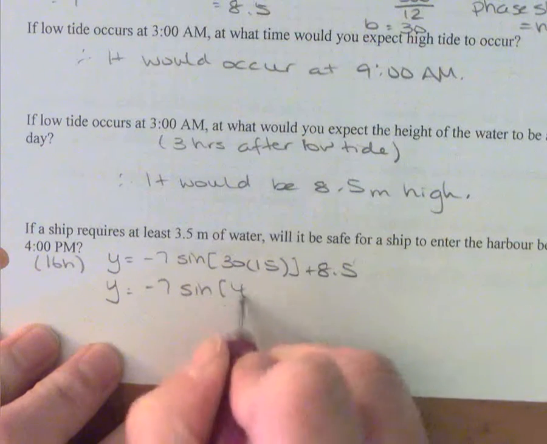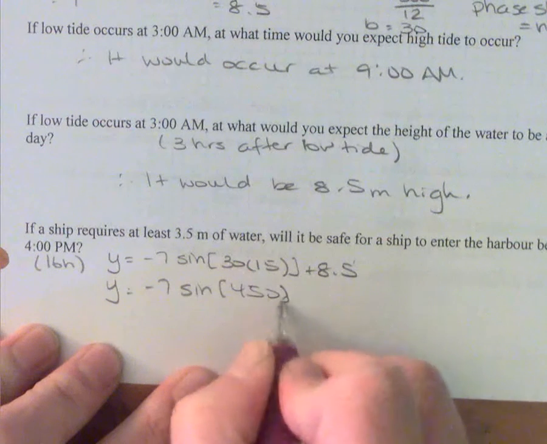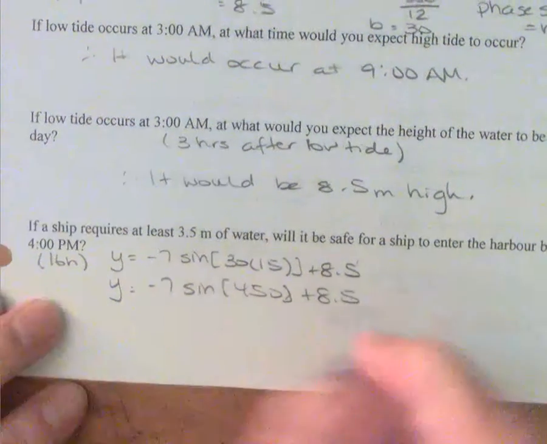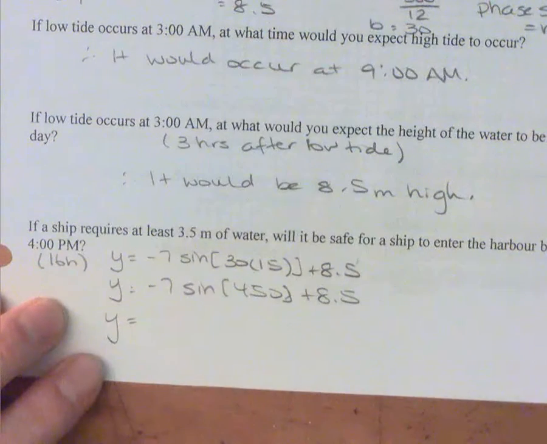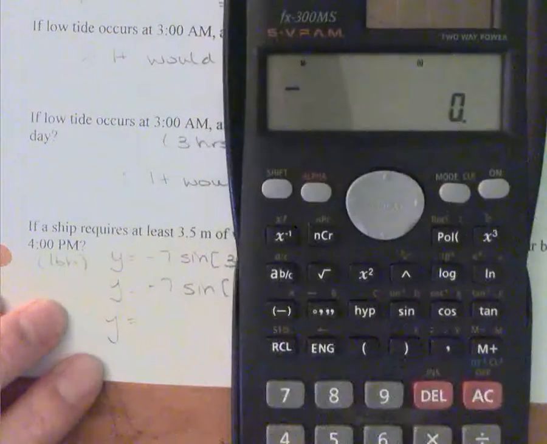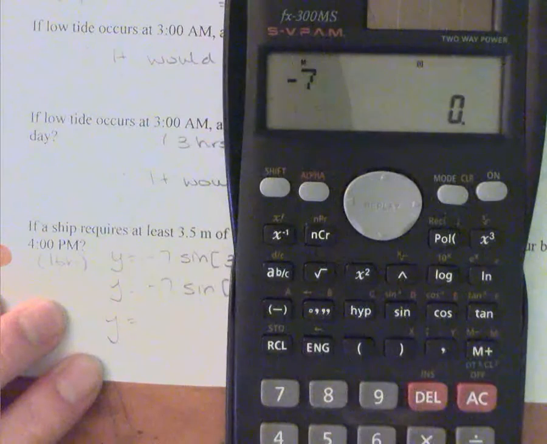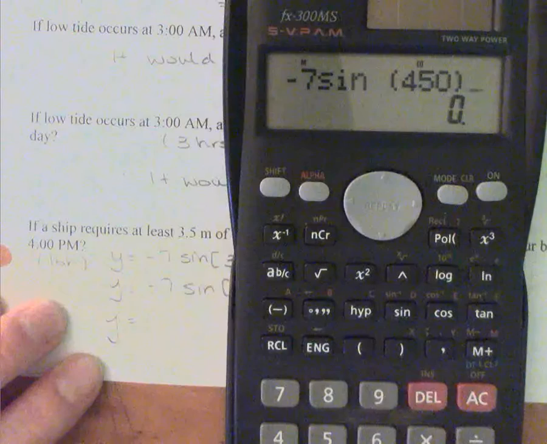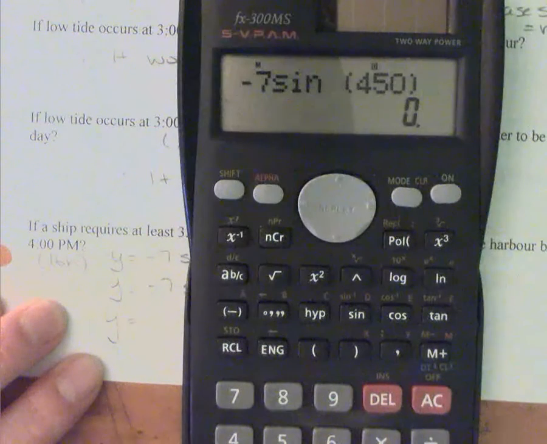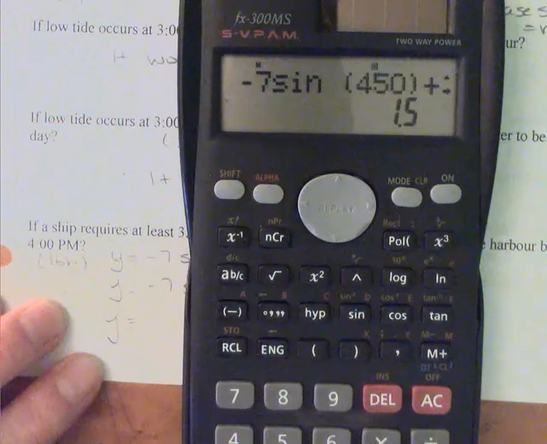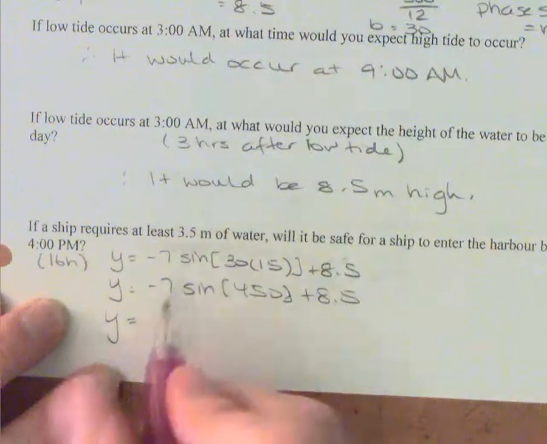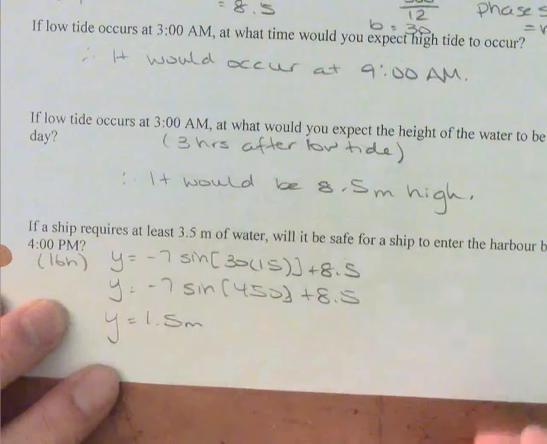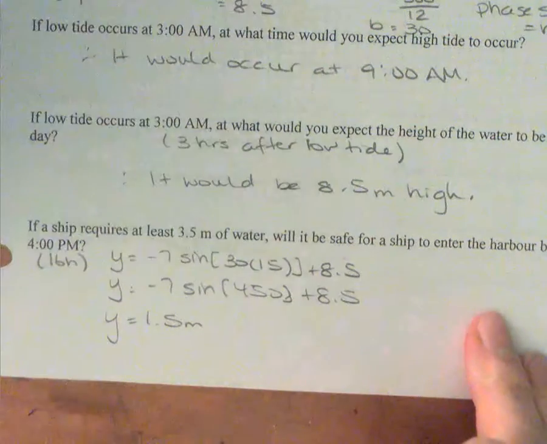So I get 450. I'm going to grab a calculator and plug that in. Close bracket. And then I add 8.5 and I get 1.5. So not safe. Let's see if later on though it's safe.